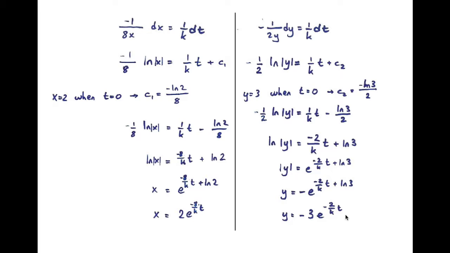One little difference between these two differential equations: when I get to ln of absolute value of y, we have to be careful. Since we know that y is equal to -3, I made a little mistake here, it means that y is actually equal to negative e to the power of -2/k t plus ln of 3. In the end, we find y equals -3 e to the -2/k t.